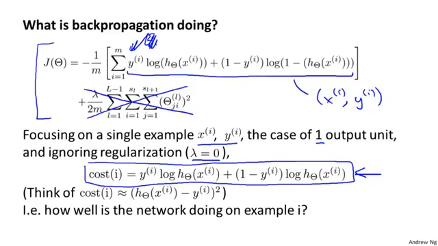So rather than looking at this complicated expression, you can think of cost of i as being approximately the squared difference between what the neural network outputs versus what was the actual value. Just as in logistic regression, we actually prefer to use the slightly more complicated cost function using the log, but for the purpose of intuition, feel free to think of the cost function as being this sort of squared error cost function. And so this cost of i measures how well the network is doing on correctly predicting example i. How close is the output to the actual observed label yi.